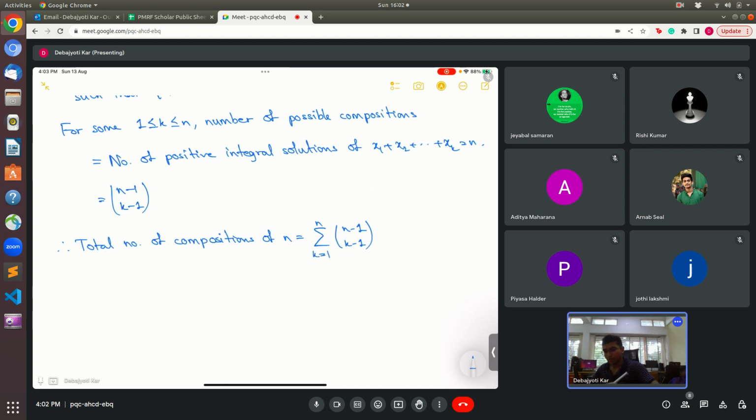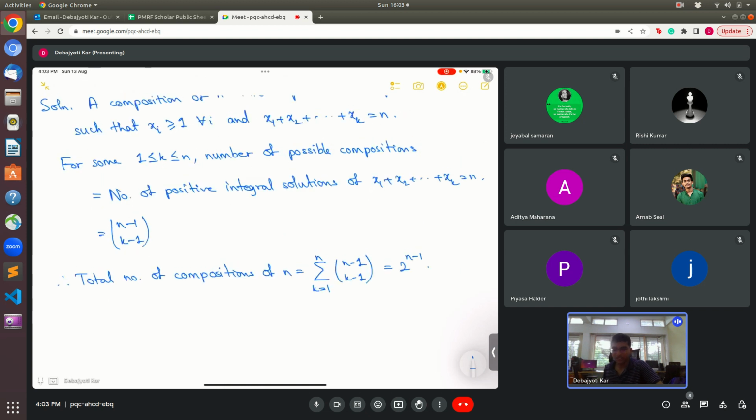And this thing is nothing but 2 to the power n minus 1. This I hope you know that. So n minus 1 choose 0 plus n minus 1 choose 1 and so on up to n minus 1 choose n minus 1, that is 2 to the power n minus 1. So this is the total number of possible ways in which we can write n as the sum of some numbers.